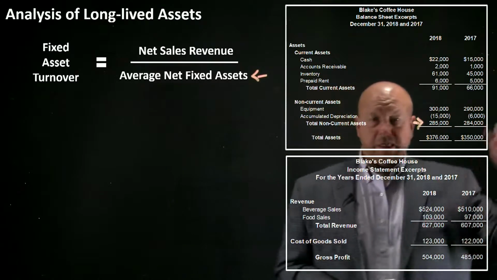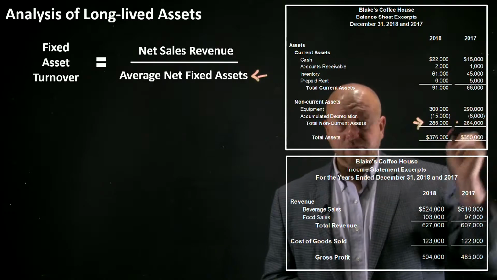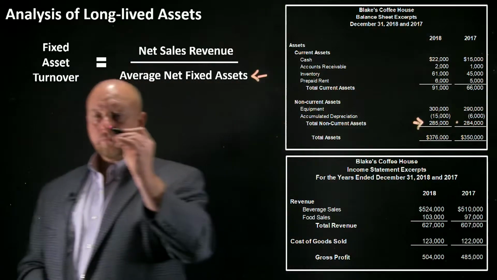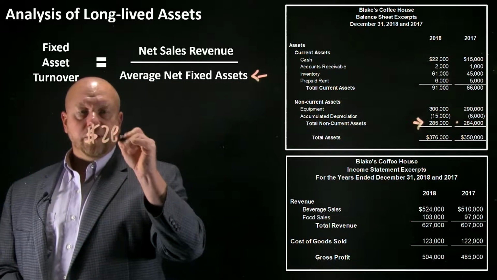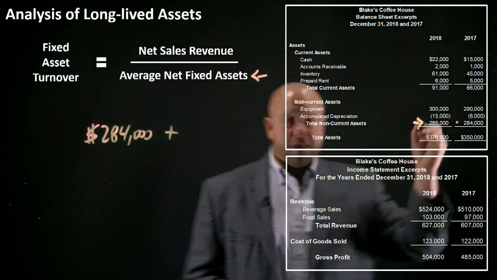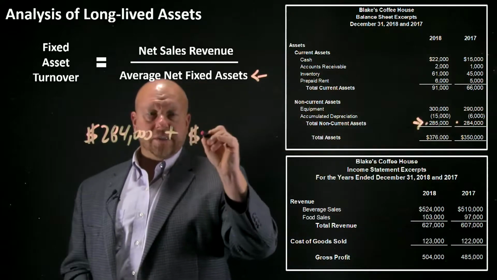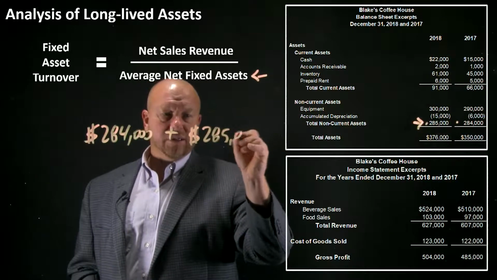So you can see that at the end of 2017, our fixed assets were $284,000. Let's just plug that in over here. And then a year later, at the end of 2018, we reported net fixed assets of $285,000.